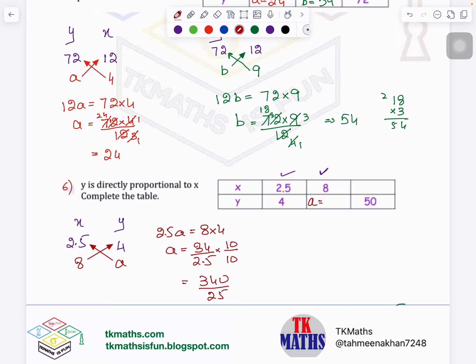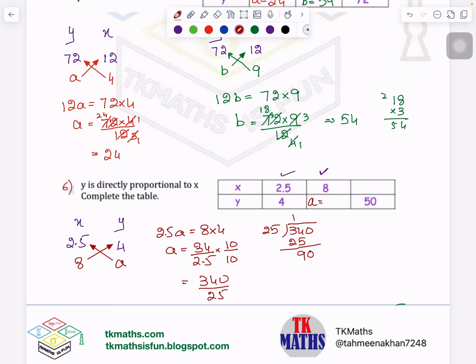Now you can take the help of long division. Easy. 25 times 1 is 25. So it will be 9 and 0, right? Then 25 times 3 is 75 and 25 times 4 is 100.